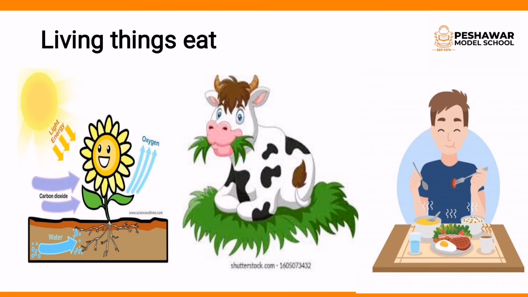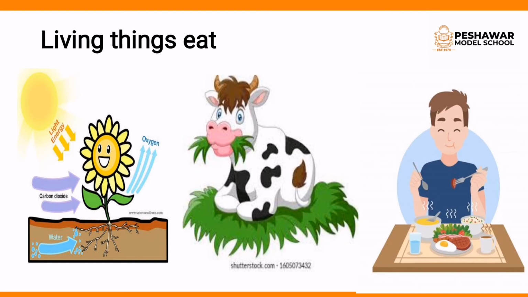Another thing a living thing can do is eating. Yes, living things can eat. Plants, animals, and human beings are called living things because they can eat. Plants get their food from air, sunlight, and water. This is the food of the plants. And animals also eat.